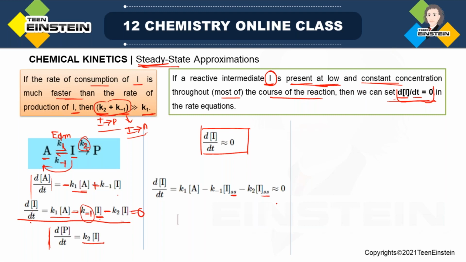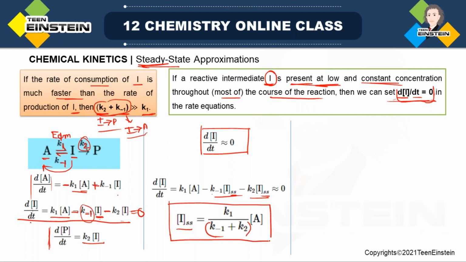So you can write the value of ISS as K1 by K inverse 1 plus K2 into A, because these two terms, if you write on the right hand side, then you take ISS common. So inside the bracket there will be K inverse 1 and K2, and it will be in the denominator.